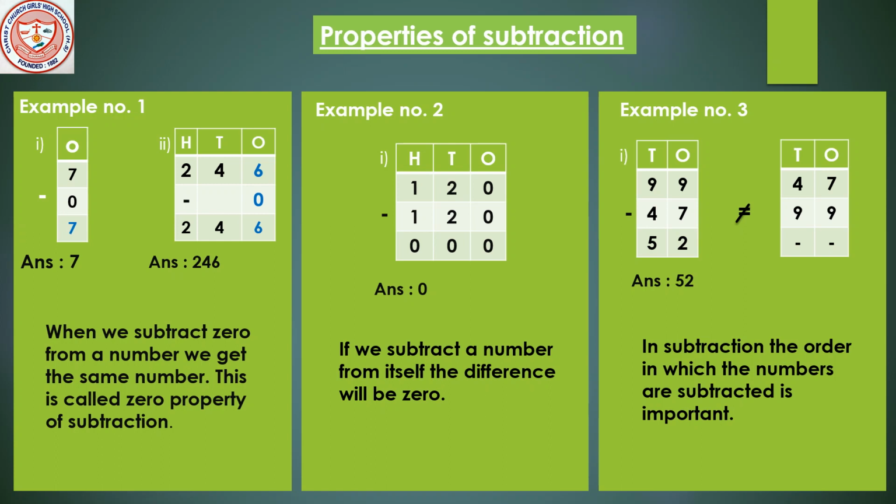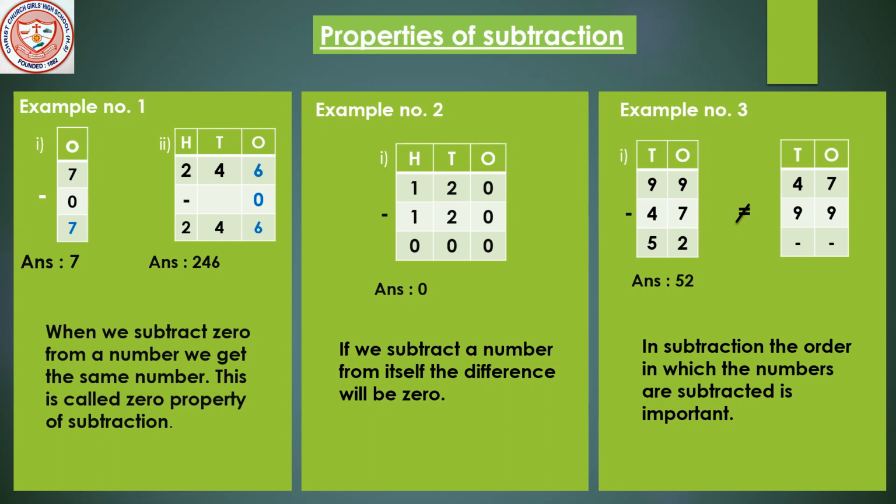It means if we subtract a number from itself, like 120 from 120, we get 0. That's why if we subtract a number from itself, the difference will be 0.